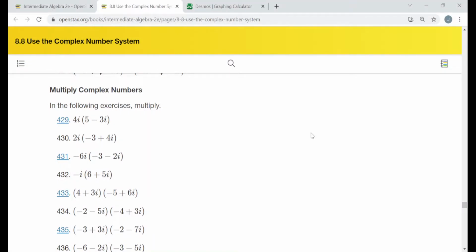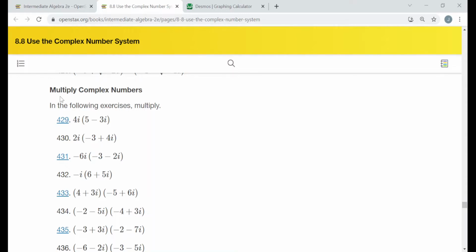Every exercise I do in this video is taken directly from a free online textbook at openstax.org, their Intermediate Algebra Text 2nd edition, section 8.8, Use the complex number system.